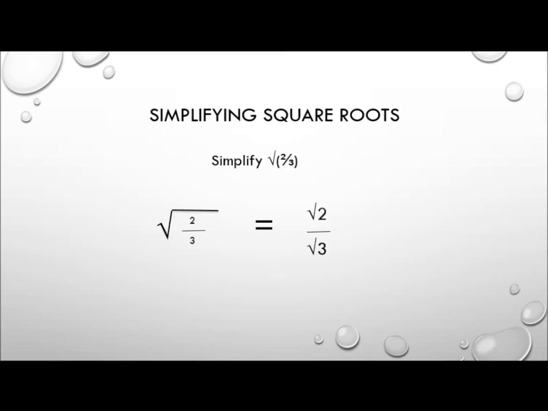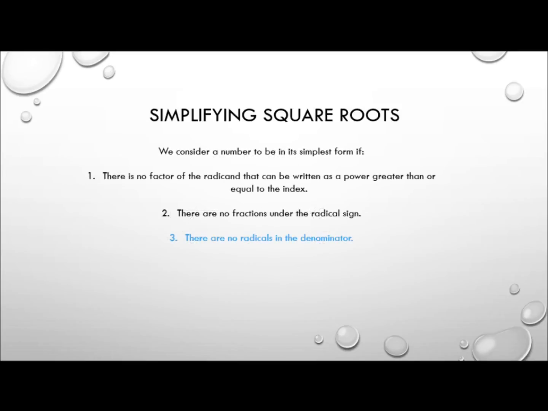So the square root of 2/3 is just the square root of 2 divided by the square root of 3. Now the question is, does that satisfy the conditions for being in its simplest form? Well, no, it doesn't, because a number to be in its simplest form cannot have any radicals in the denominator.